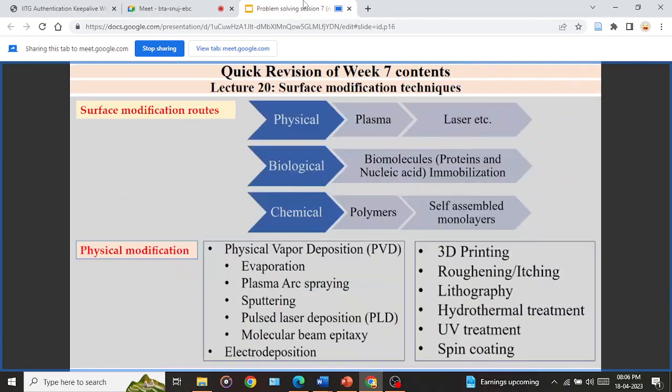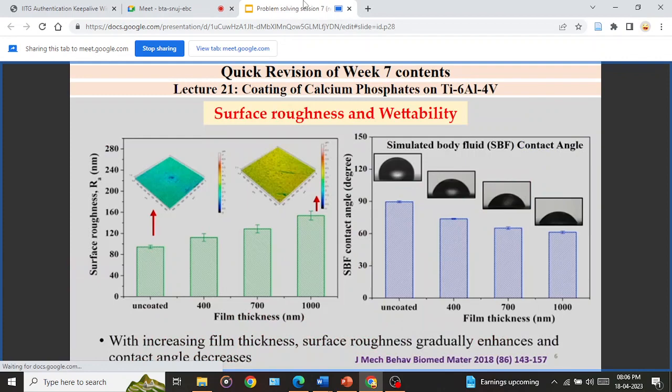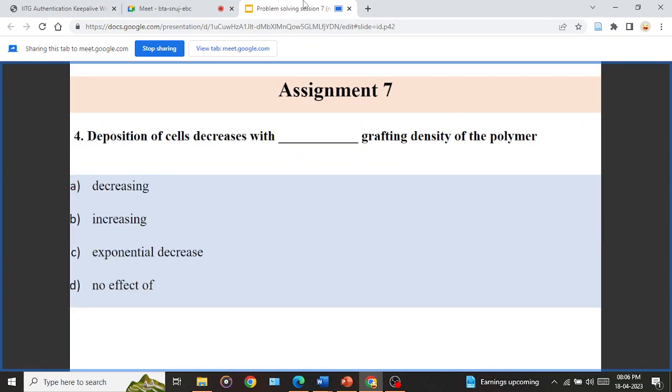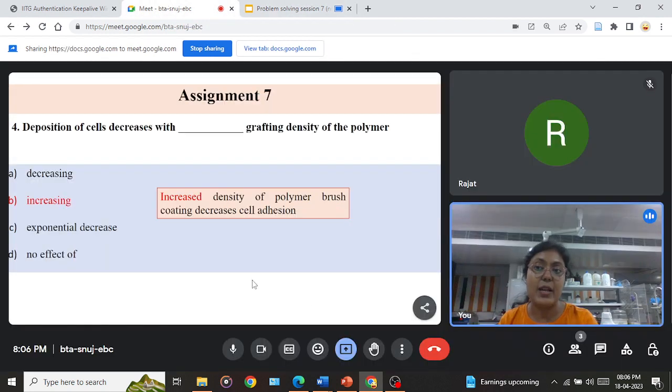So this is what the question was asking: deposition of cells decreases with increasing grafting density of the polymer. Increased density of the polymer brush coating decreases the cell adhesion. The more polymer brush coating, the lesser the cell adhesion. Okay, we can move on to the next question if there is no doubt.